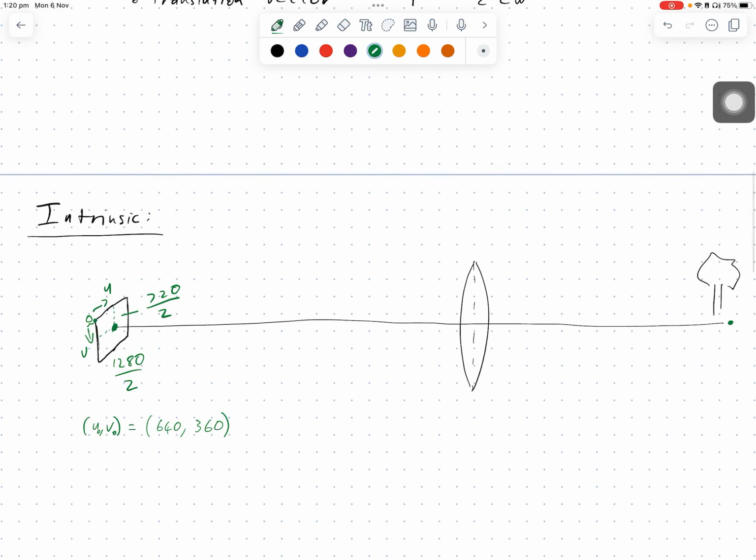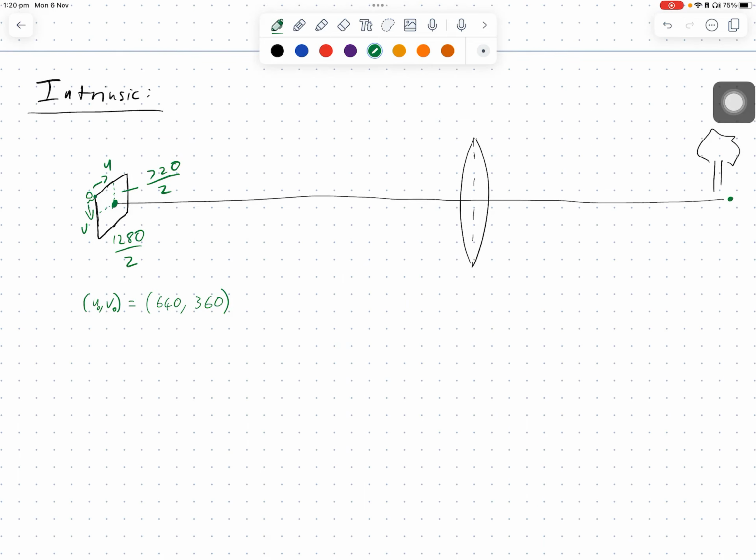And those two numbers are going to be important for our intrinsic camera parameters, because the intrinsic camera matrix, or K matrix, looks like this. We have what we call alpha x, we have alpha y, we've got U0, V0, 1, and everything else is 0.